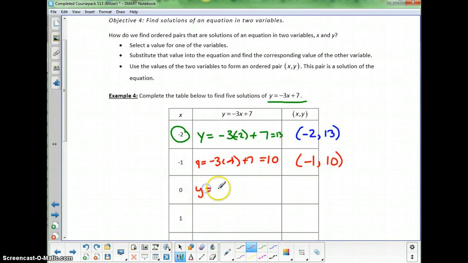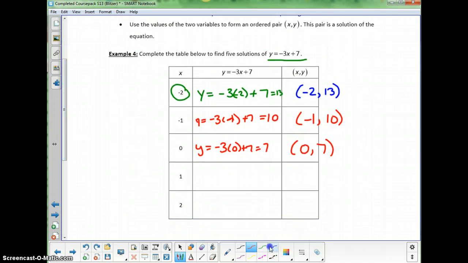Keep going. y equals negative 3 times 0 plus 7. Well, that would be equal to 7. So we're guaranteed that the ordered pair with x equal to 0 and y equal to 7 will be true for this equation. Let's look at another one. y equals negative 3 times 1 plus 7.